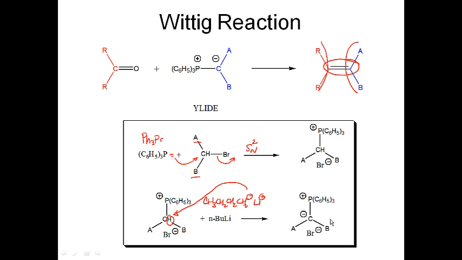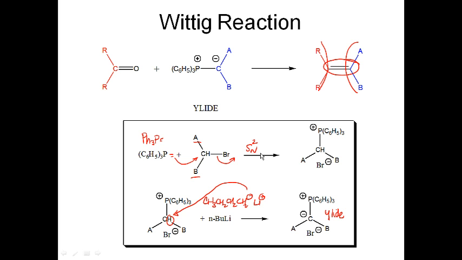So I'm going to form a C- and a Br- and a phosphorus plus. Now, you can't actually form a carbon-phosphorus double bond here, because phosphorus is allowed to have an expanded octet, so it can form a fifth bond. But typically, we just leave it as a C- and a P+, and this is what is called our ylide.